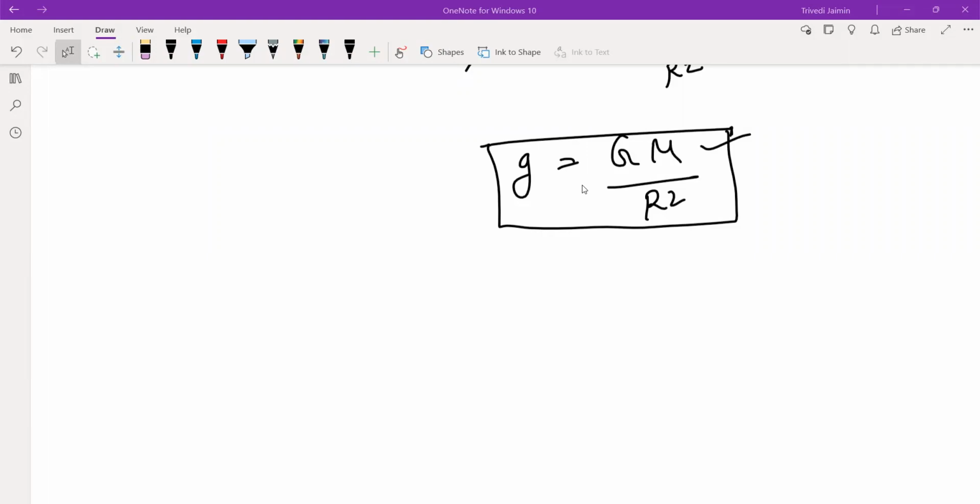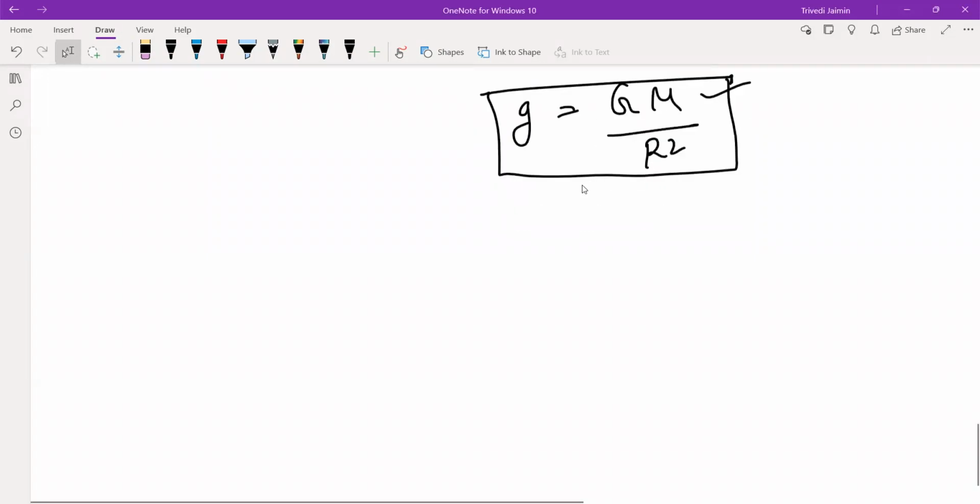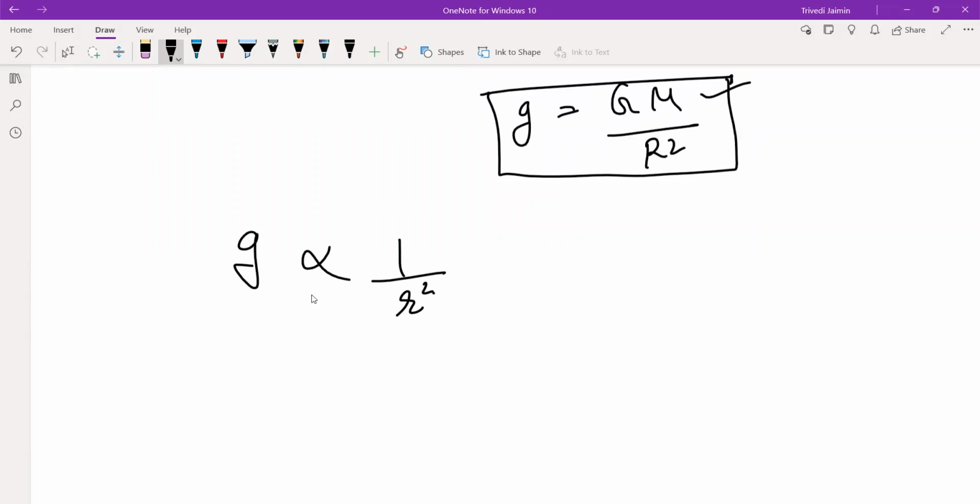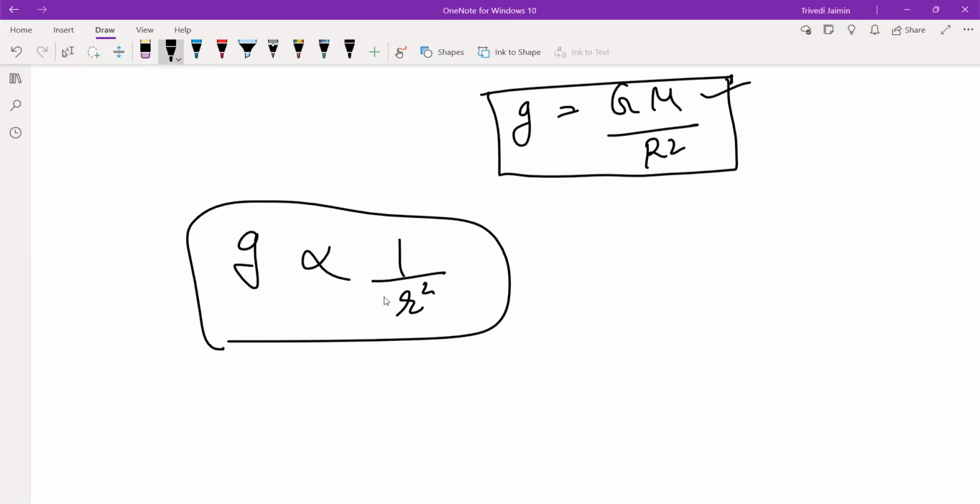So it looks like an ellipse. So that is the reason g value will be varying from pole to equator. Okay, sir. Because g is inversely proportional to R square. This is the reason. So what do you think at the center? It will be maximum or it will be minimum?